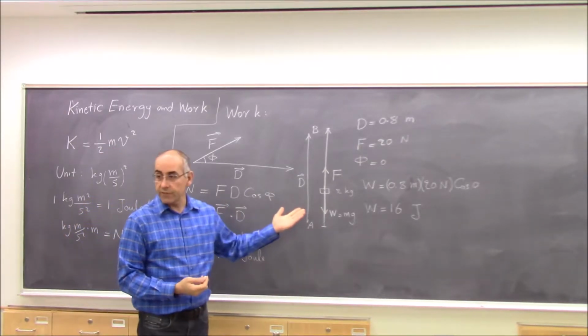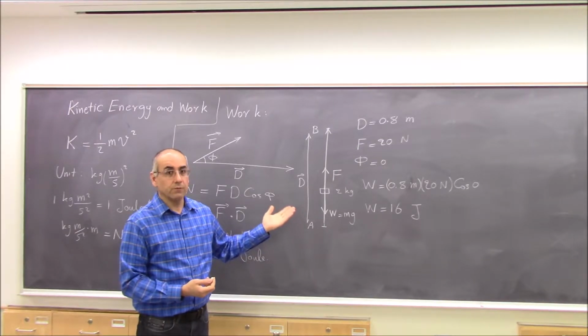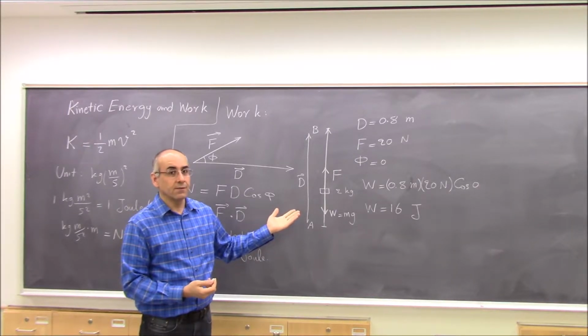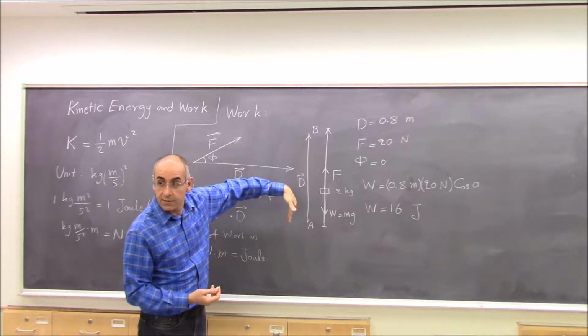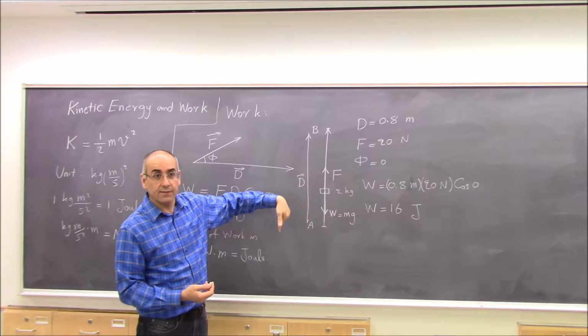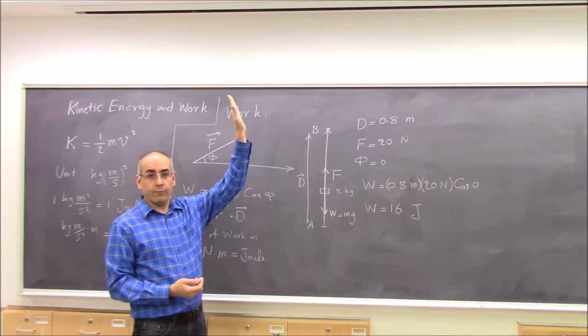But what is the work of gravity? Negative, right? Why is it negative? Because the angle between d and force is 180 degrees. Force of gravity is downward, displacement is upward.